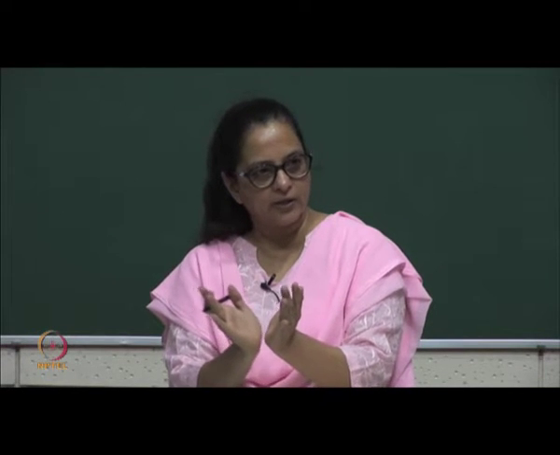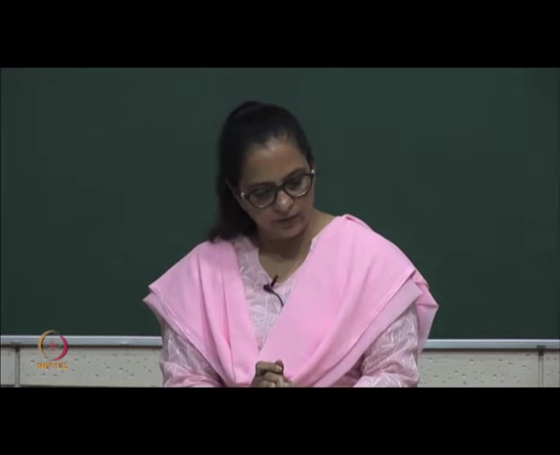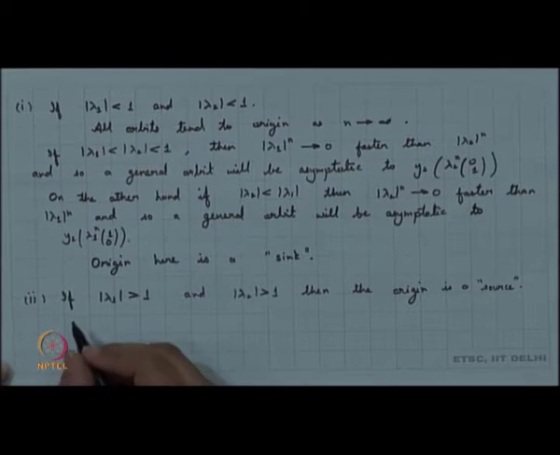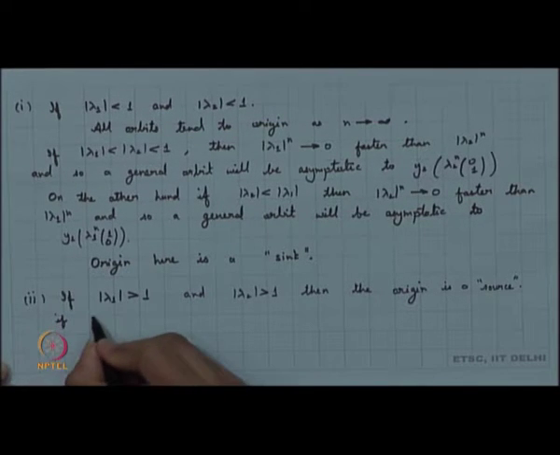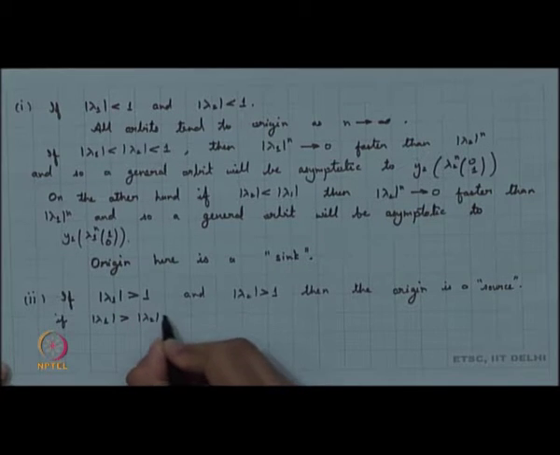As n tends to minus infinity, it is asymptotic to the origin. But what happens here again? I can still have some difference between these two. So, what happens if mod of lambda 1 is greater than mod of lambda 2 is greater than 1? What happens in that case?